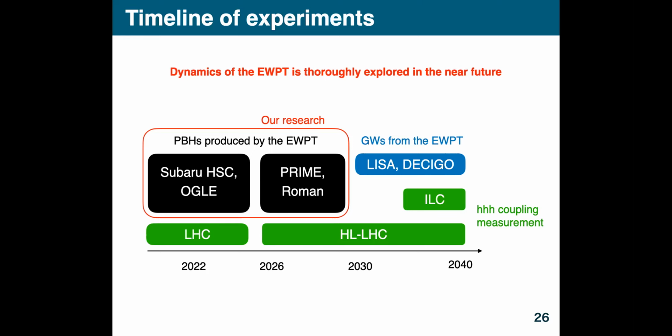In this talk, we discussed the PBH observation. And what I want to emphasize here is that the primordial black hole observation is ongoing. And in the near future, we can obtain more improved results. So this is very important.